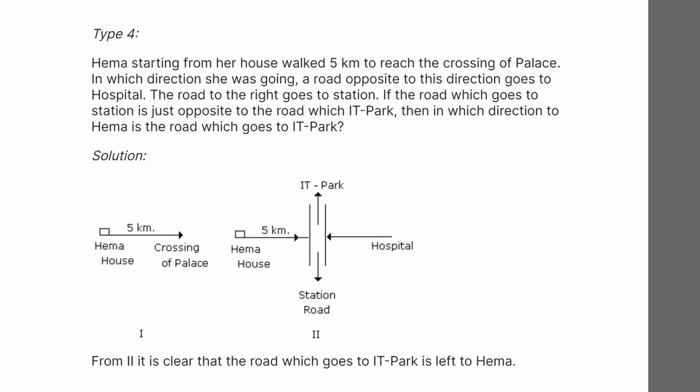If the road that goes to the station is just opposite to the road which goes to the IT Park, then in which direction to Hema is the road which goes to the IT Park? See, this is called jumbling the words and twisting. This is how verbal reasoning is given.